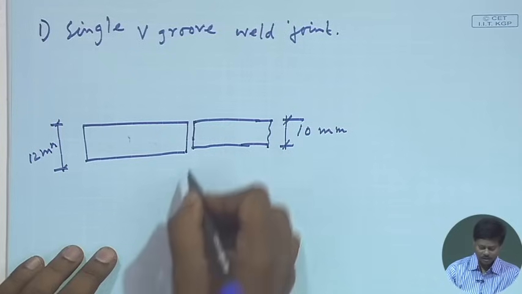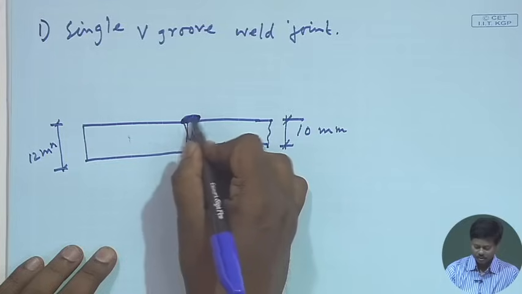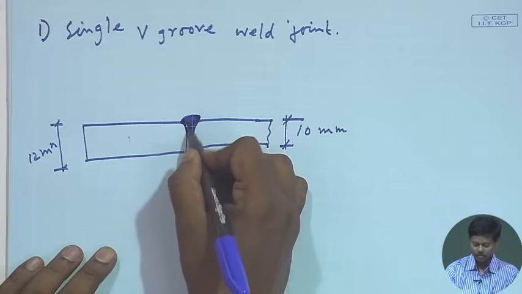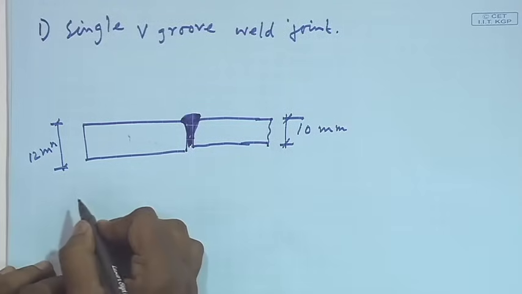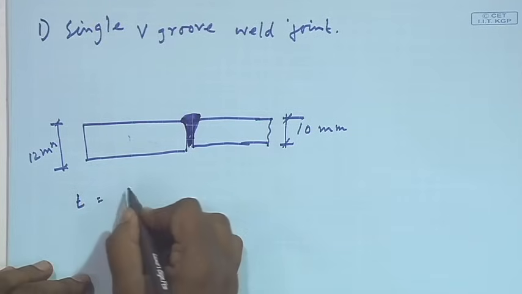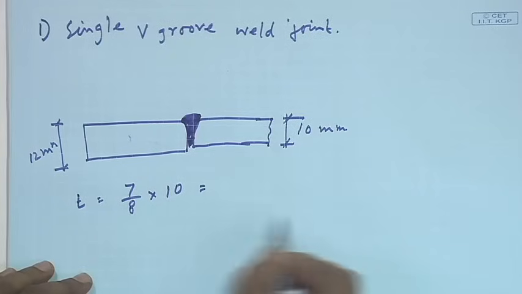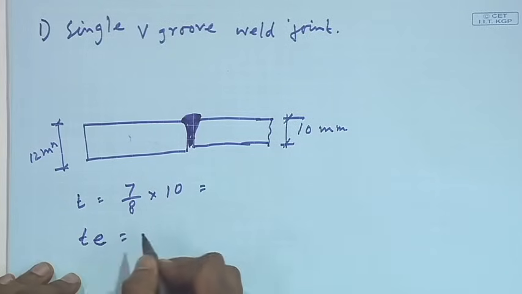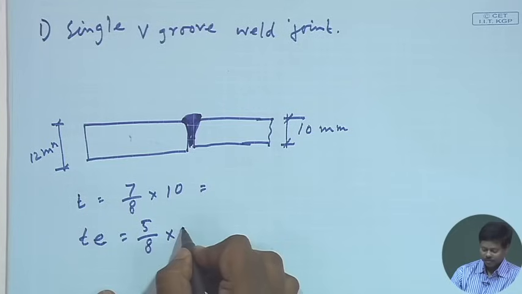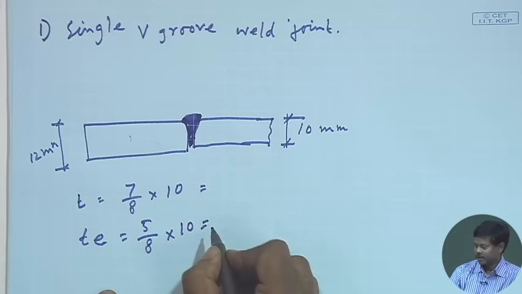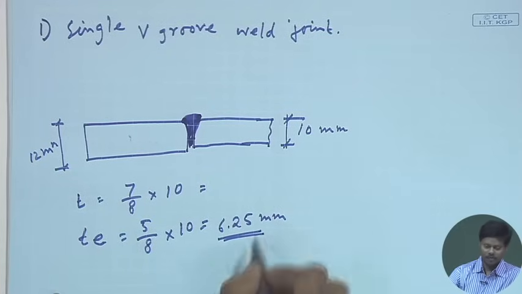Now, single V groove joint is done, that means it is incomplete penetration. So, it will look like this, incomplete penetration, right. In this case the thickness will be actually 5/8 of the thickness of the thinner plate for calculation of the strength. So, the effective throat thickness will be 5/8 of 10, that is 6.25 millimeter.